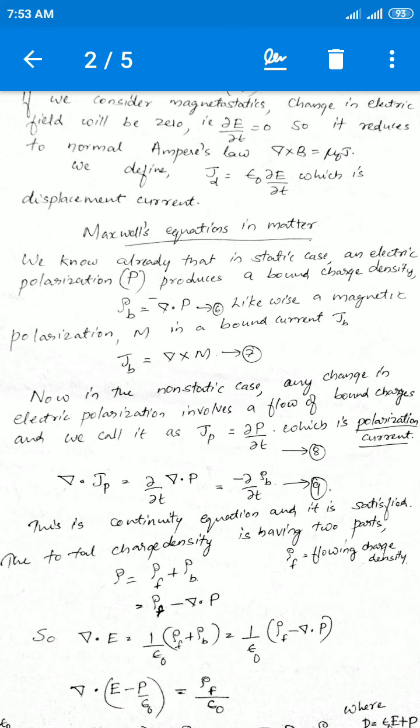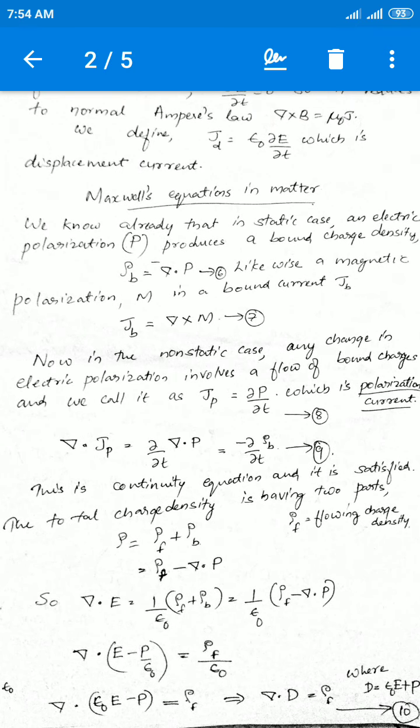Now del dot JP, how will you take it? Take the divergence of JP in equation 8, so on the right hand side also take the divergence. It will be dou by dou t of del dot P, which is rho B, isn't it? So dou by dou t of rho B you will get as del dot JP, which is equation 9. Now we know this is the continuity equation, and it is satisfied.